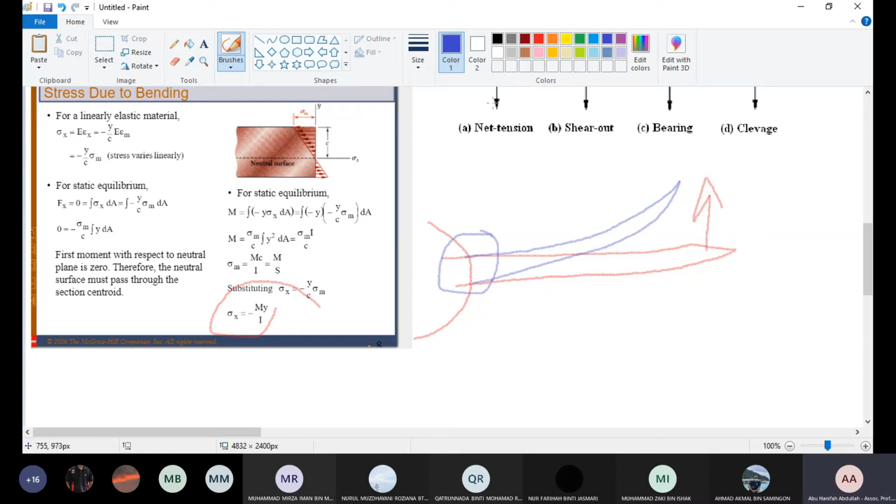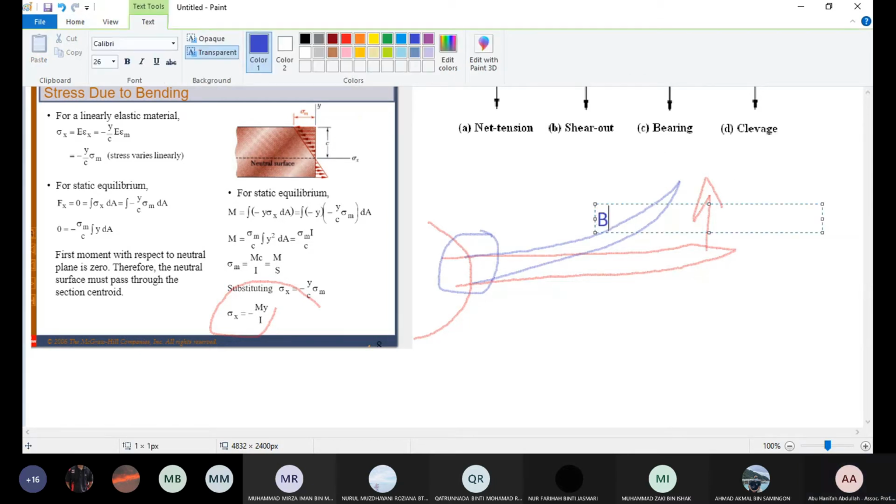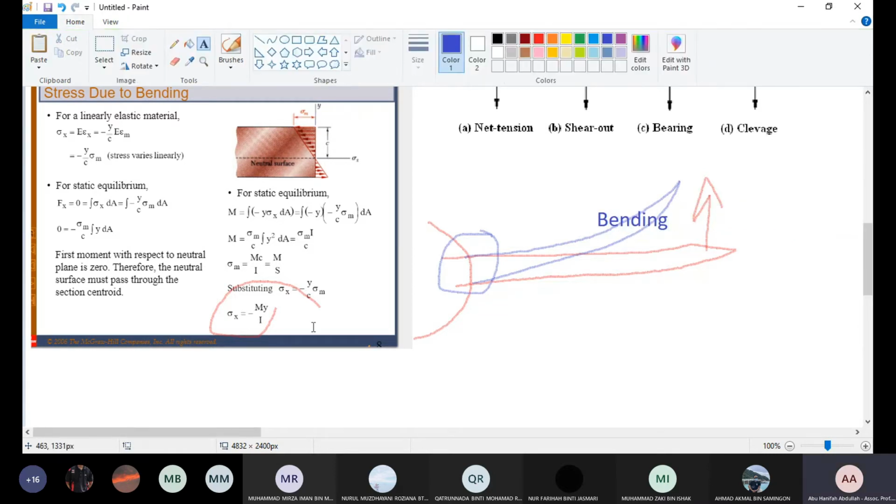So this is bending, and this is a formula for bending. We go to that later. And we also have shear failure. Shear failure is where we apply the load.